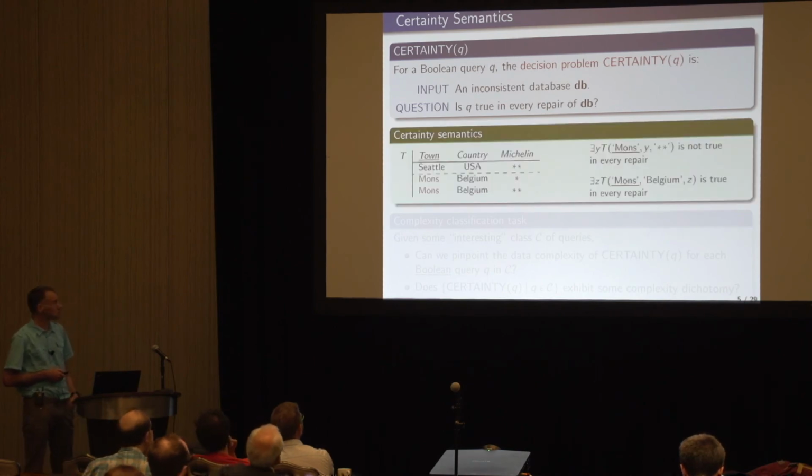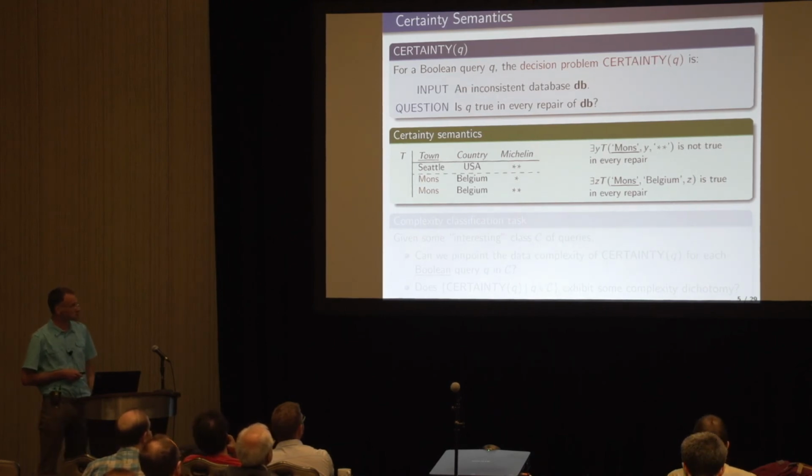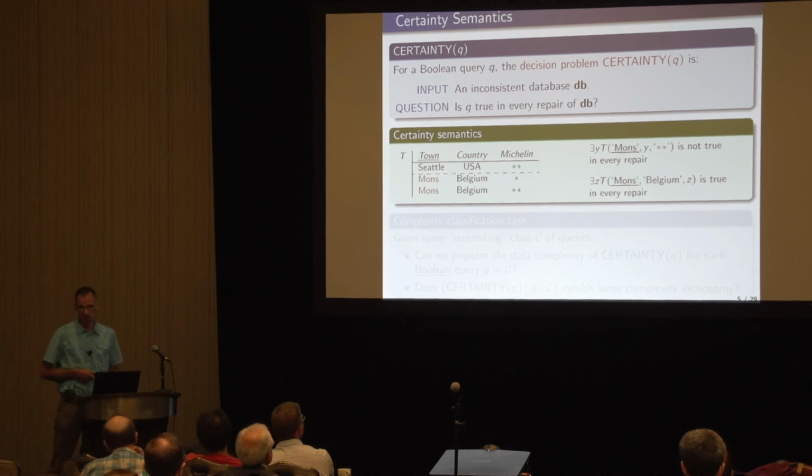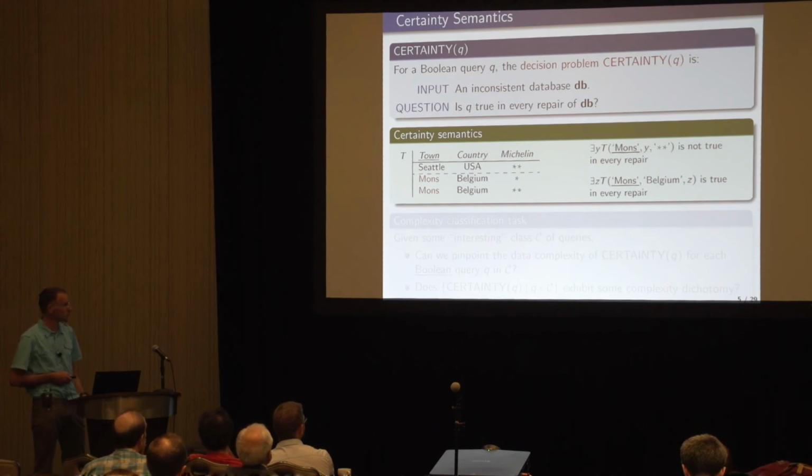For example, if I take the same database and we ask whether Mons has 2 stars, that's not true in every repair, so the answer is no. And if we ask whether it's certain that Mons is in Belgium, then the answer is yes, because in both repairs, Mons is in Belgium.